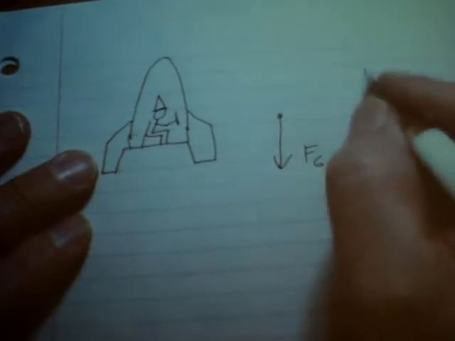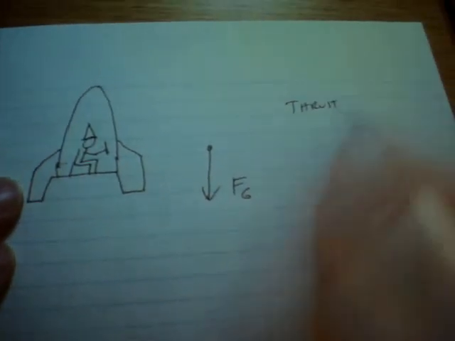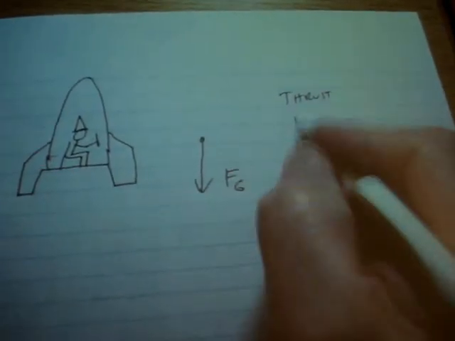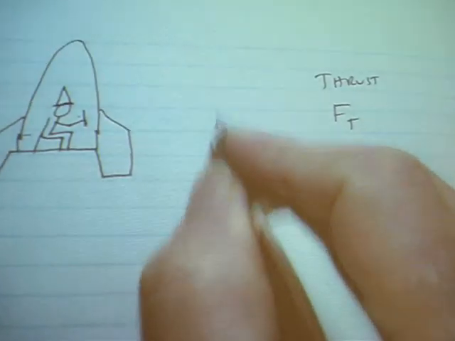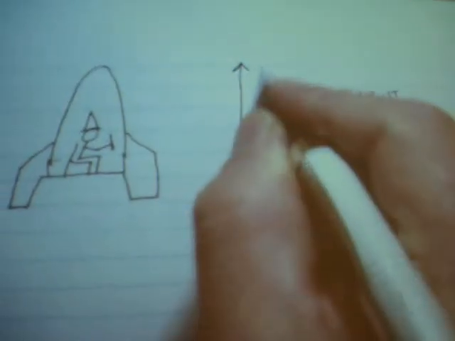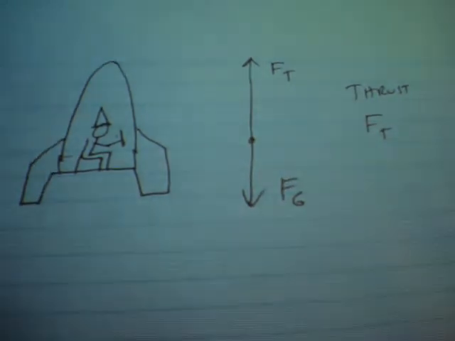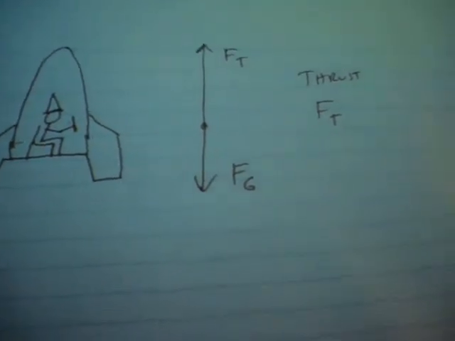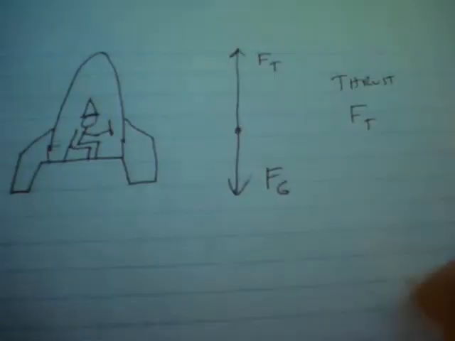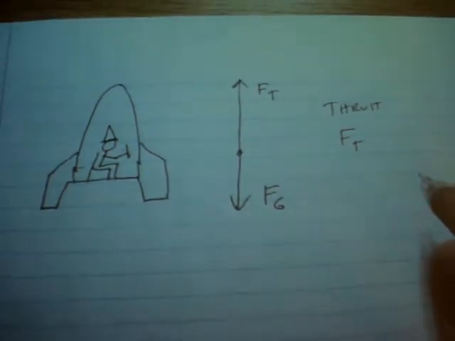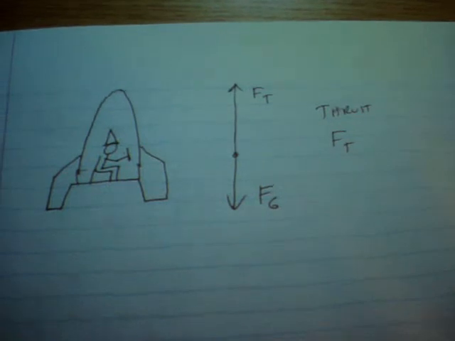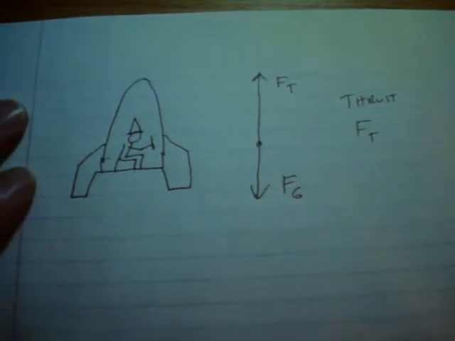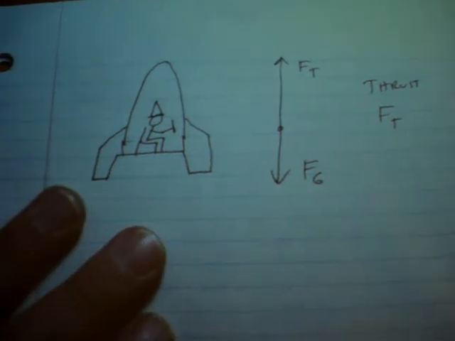It's called the thrust, the thrust of the engine, F sub T. If it's accelerating up, it's just like a tension problem. It's just like an elevator problem, except it's a rocket. You work it exactly like an elevator problem. F sub T is the upward force, and gravity is down.